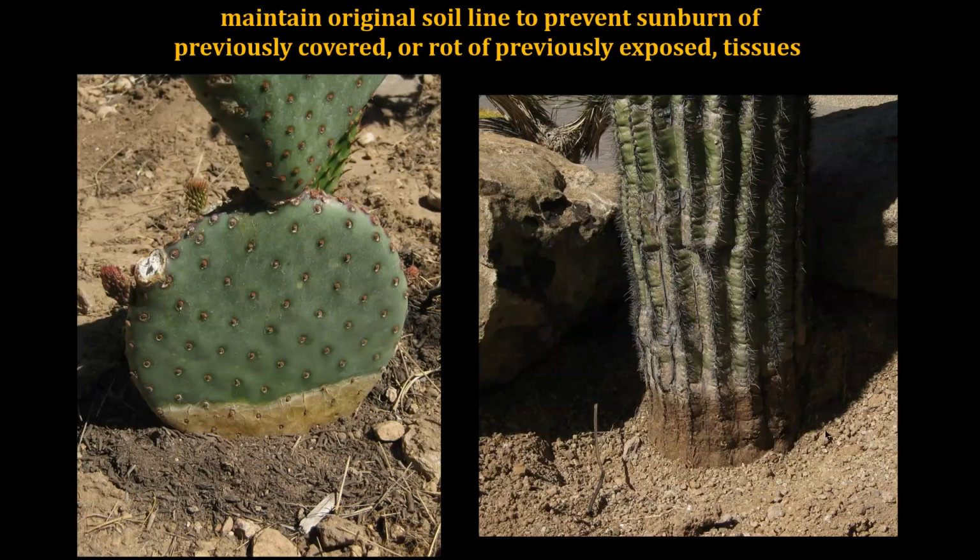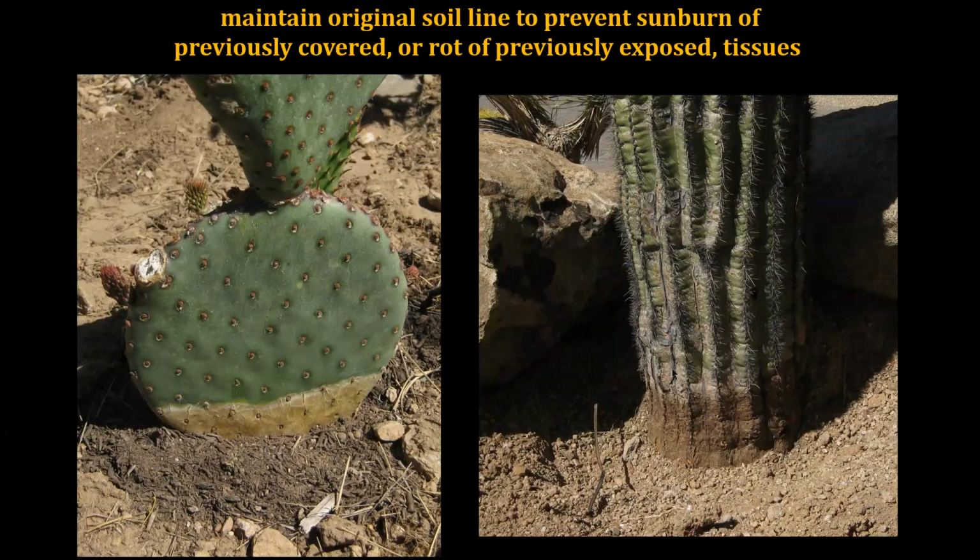Too often in the valley, when people plant big specimen saguaros, especially if they've got arms, that's a lot of weight. So that they won't just topple over, some people who are not nice will bury them deeper than their original soil line to hold them upright. They should be braced, not buried deep.